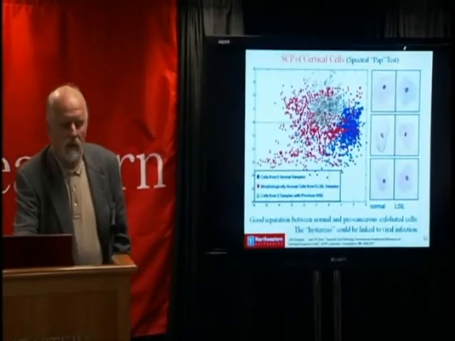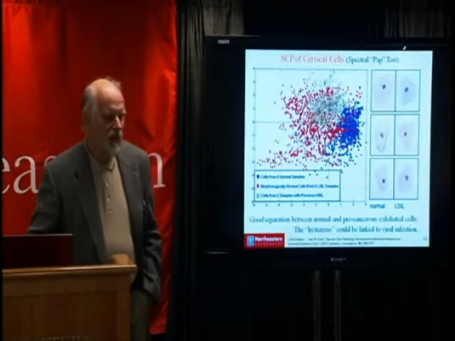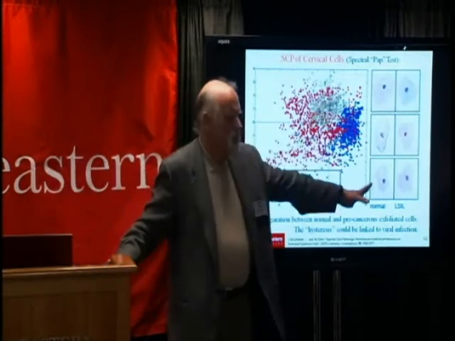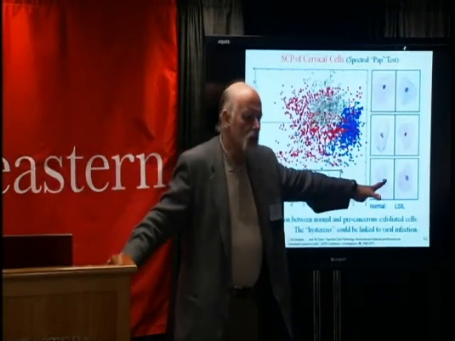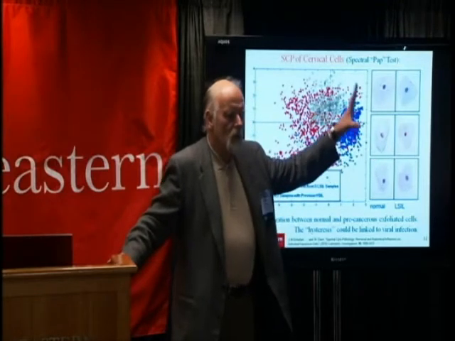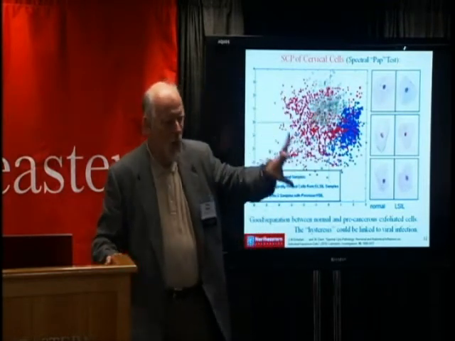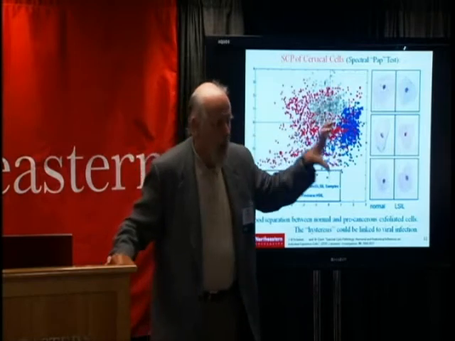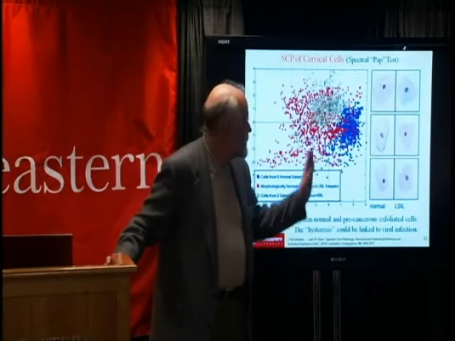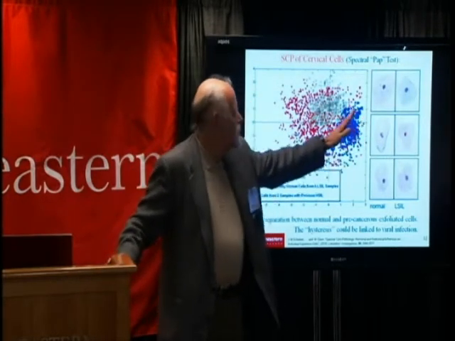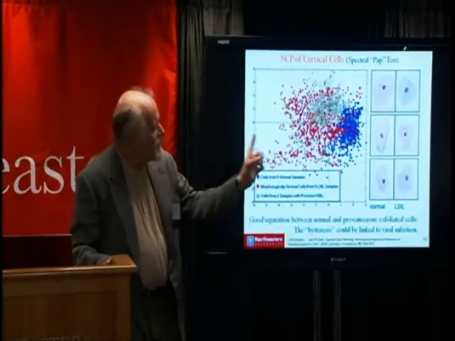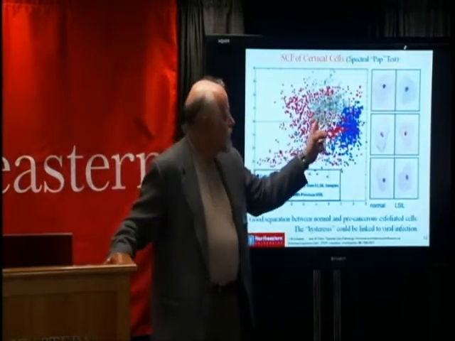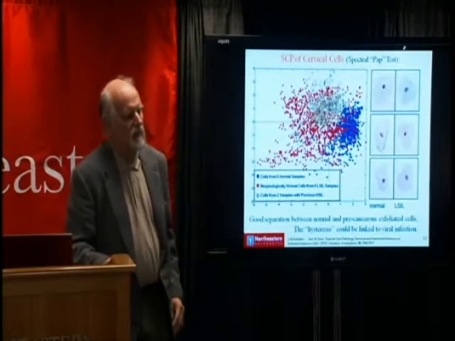And the interesting news is that this method distinguishes cells which are absolutely visually indistinguishable, but come from patients who are normal or abnormal by cytology, and we distinguish them as blue and red. And we can even distinguish whether a person had a history of cervical disease.